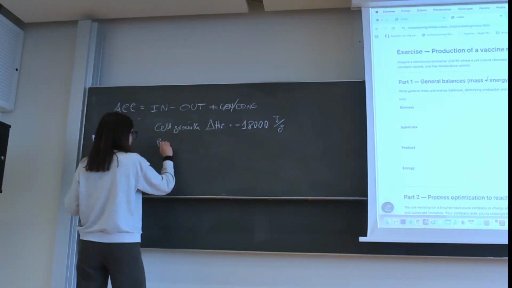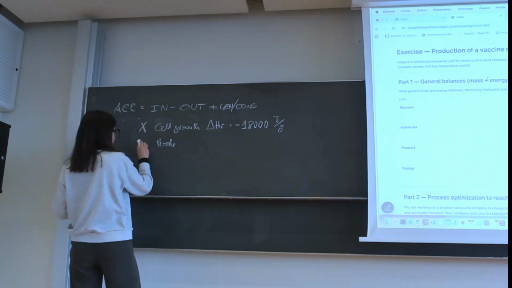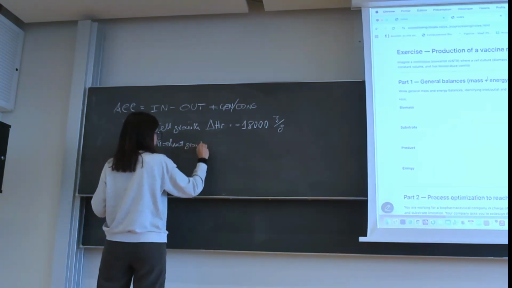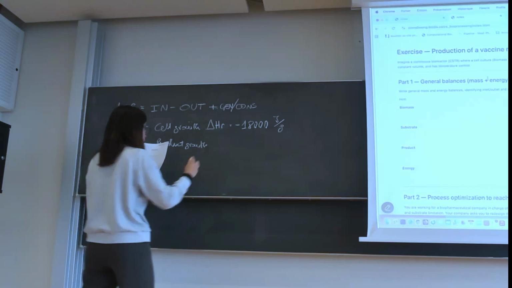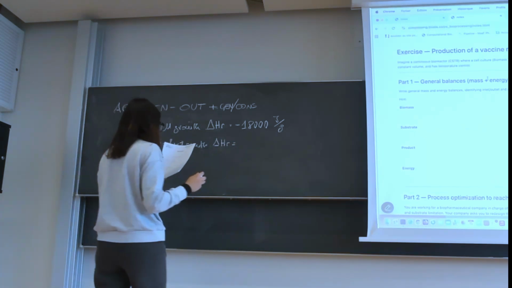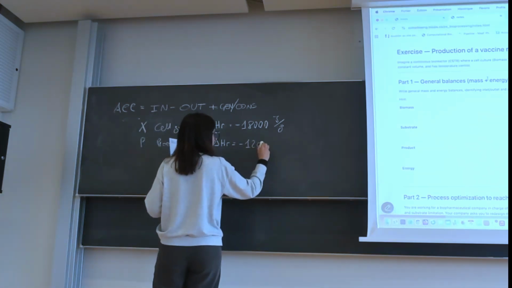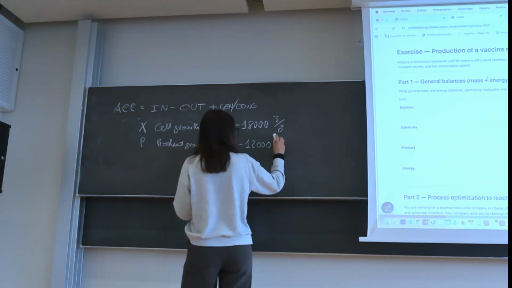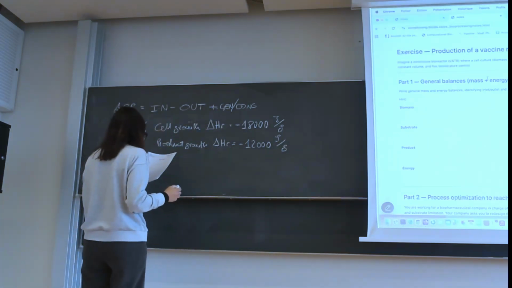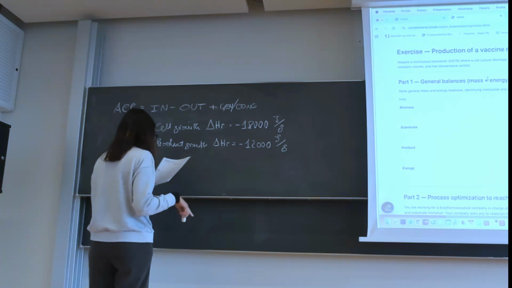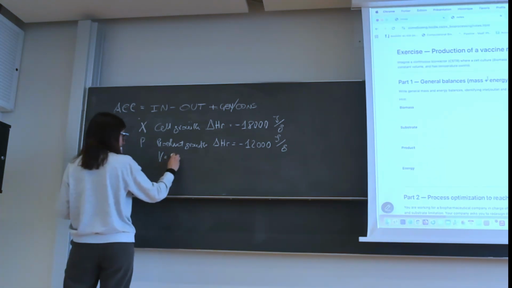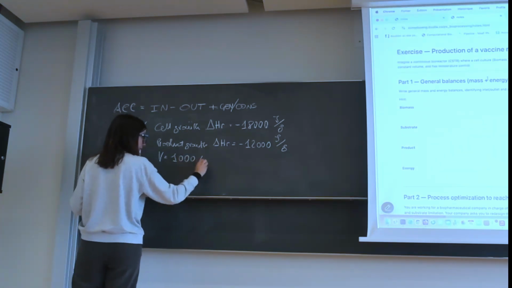While for the product growth, so this is for X, this is for P, for the product growth we have a variation of enthalpy of the reaction equal to minus 11,000 joule per gram. And I consider as constant the volume of the bioreactor, 1,000 liters.